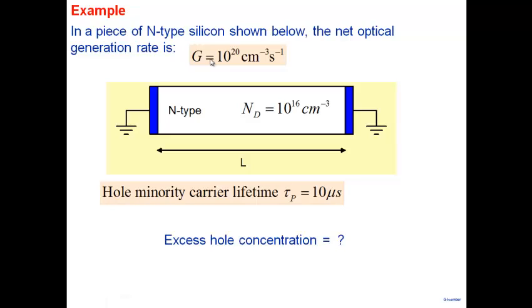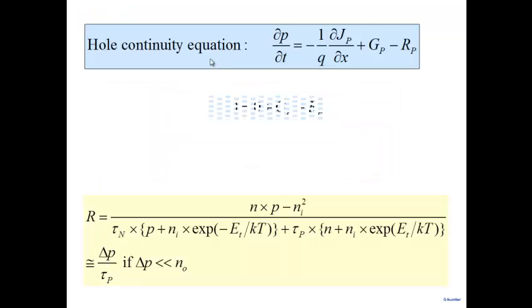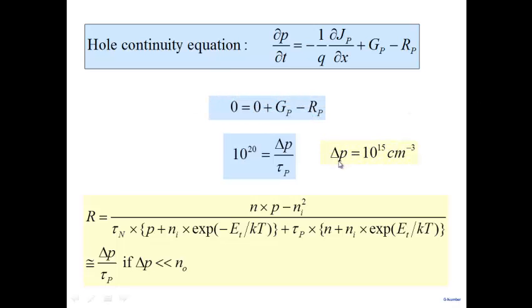Right? And if you want that excess current to be large, what do you have to do to your semiconductor? Excess current depends on excess hole density. You want this to be large. What do you have to do? Well, one is you have to increase the generation rate. But for a fixed generation rate, you have to increase tau p.